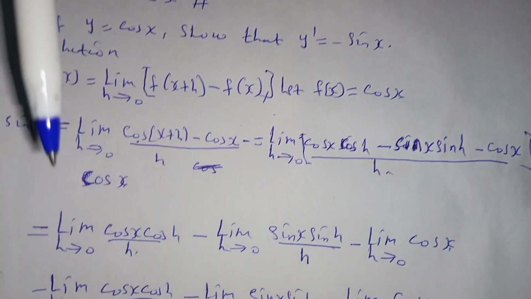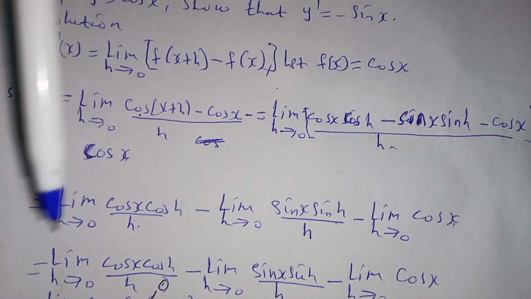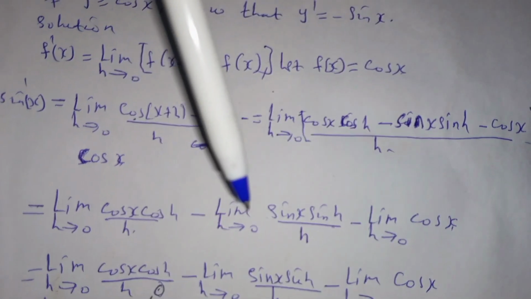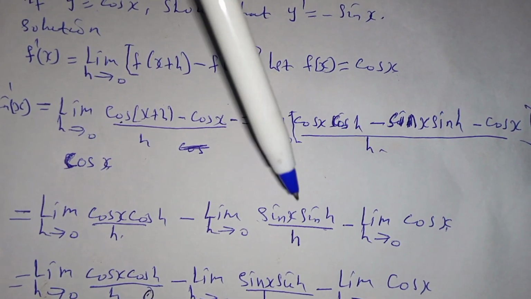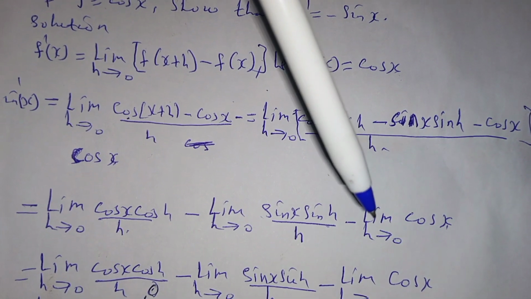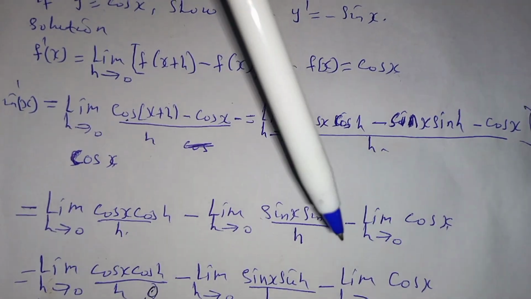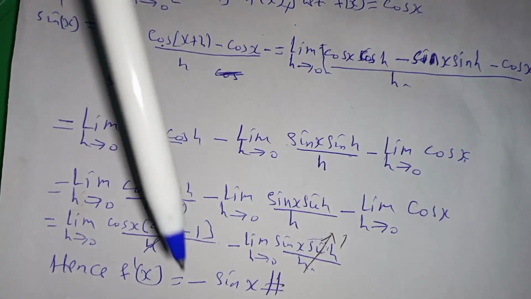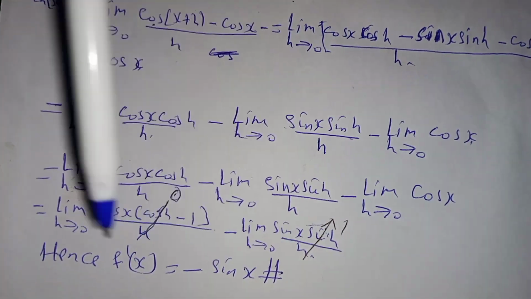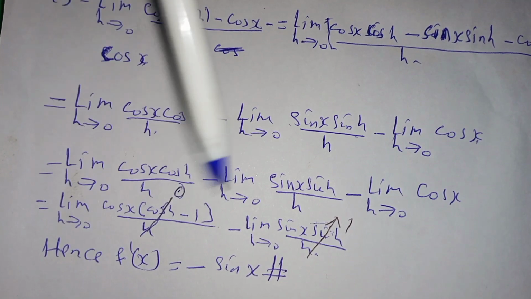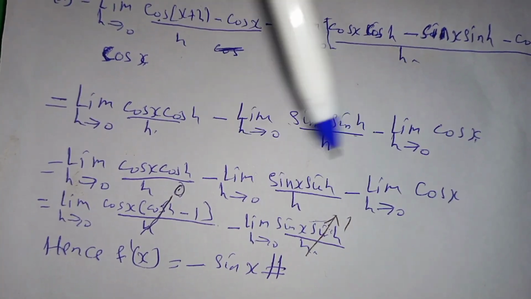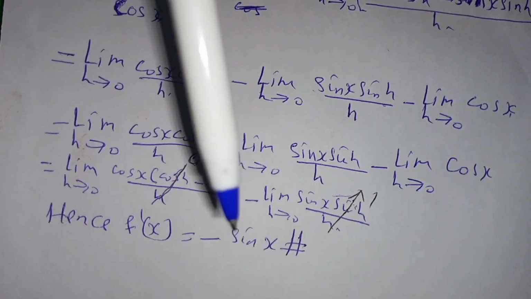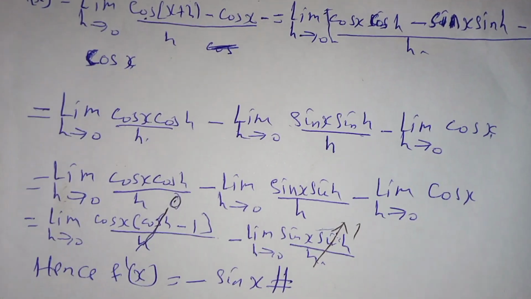Then you take the limit as shown here. Limit as h tends to 0 of cos x cos h over h minus limit as h tends to 0 of sin x sin h over h, minus cos x over h. Then this part here, of course, after factoring cos x here, tends to 0. This part here tends to 1. So sin x times 1 times negative 1 is equal to negative sin x. So that is the end of the proof.